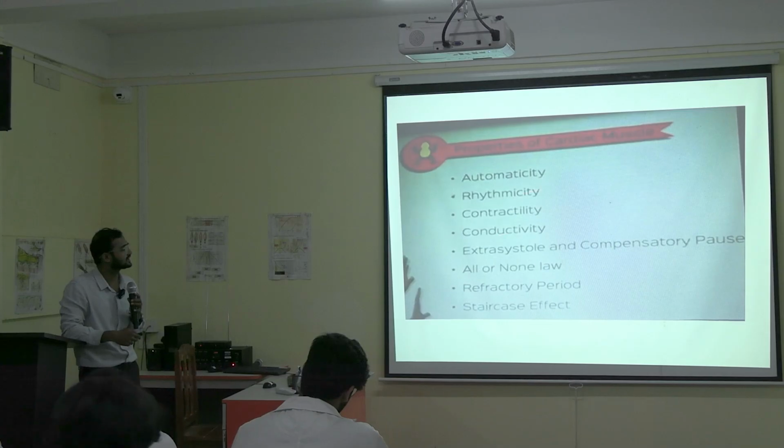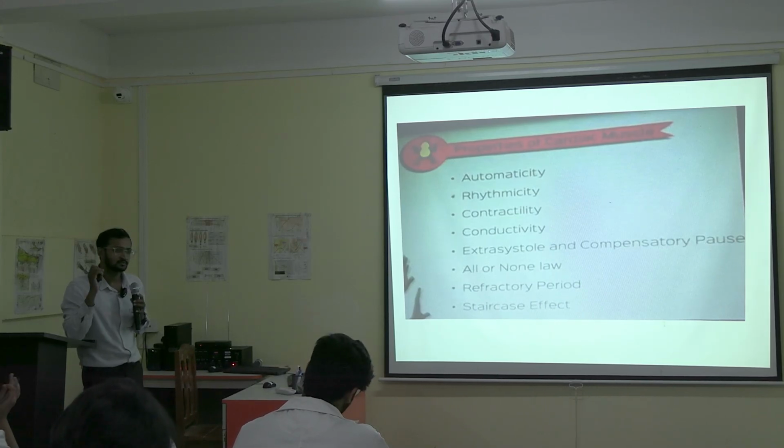And what about the contractility? So the muscle of the heart is known as cardiac muscle. So the contractility mainly depends on the stimulation. How much stimulation the heart is producing from the SA node, and the supply from SA node, then AV node, then the bundle of His.